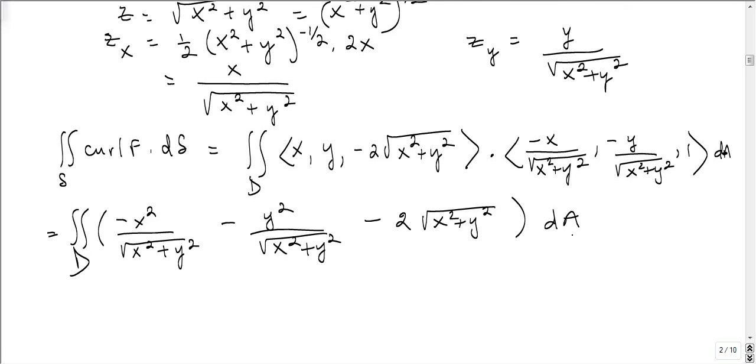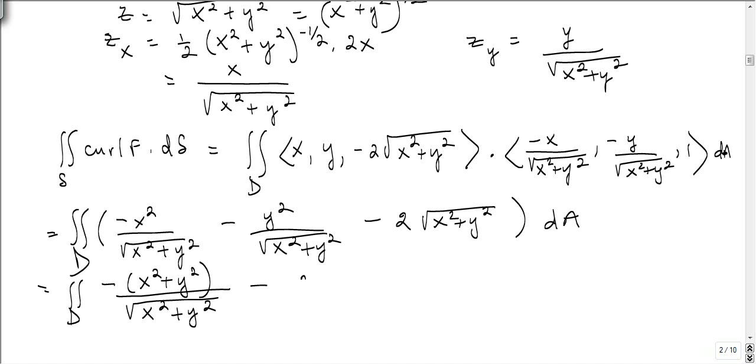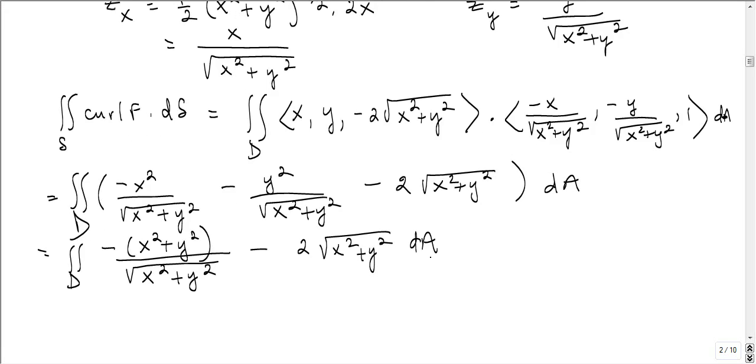Now you need to simplify that, please. The first two terms work out to be minus x squared plus y squared all over square root of x squared plus y squared, minus 2 square root of x squared plus y squared dA. Simplify further.